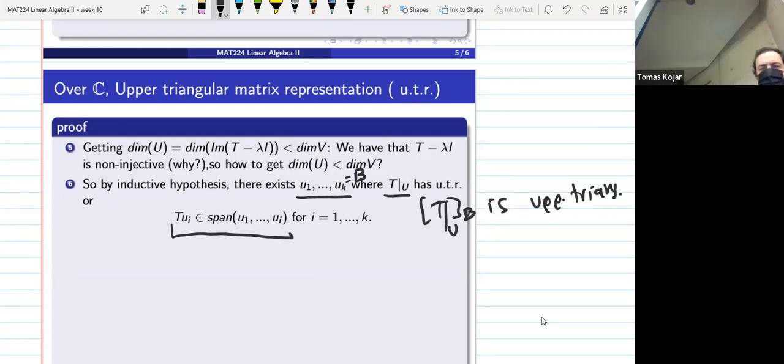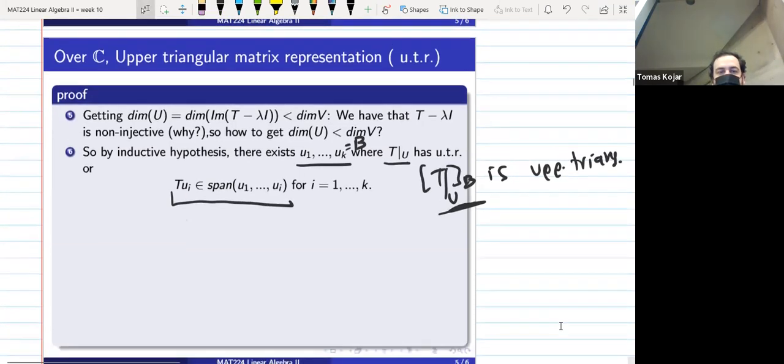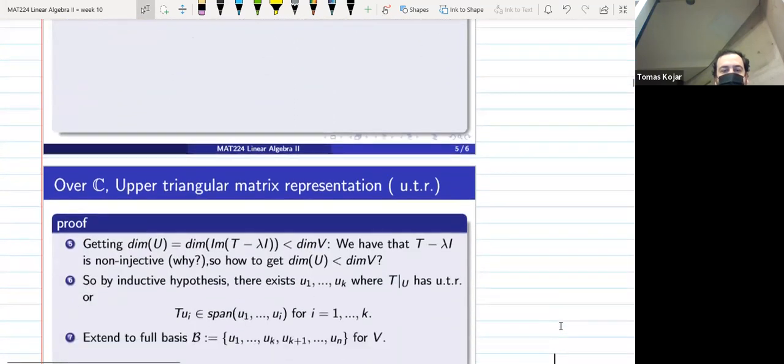For proofs, this is much easier to work with. When you do numerics, you want to work with matrices, but for proofs, it's easier to work with this span condition.